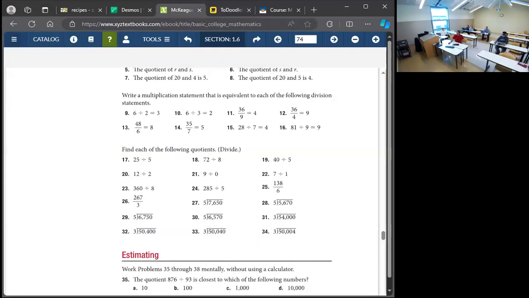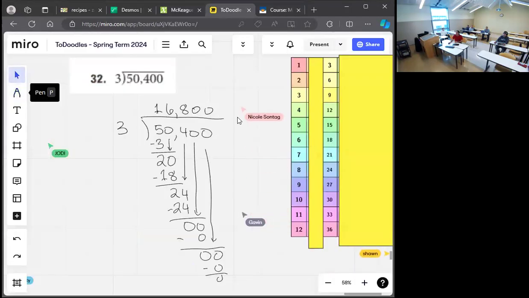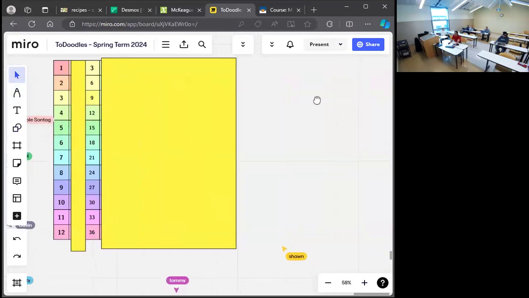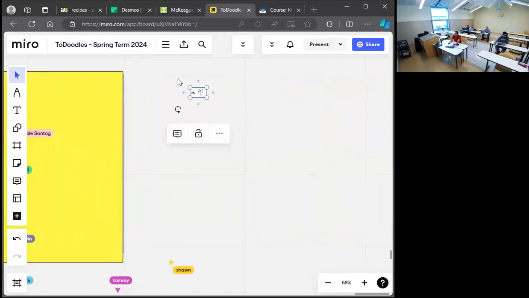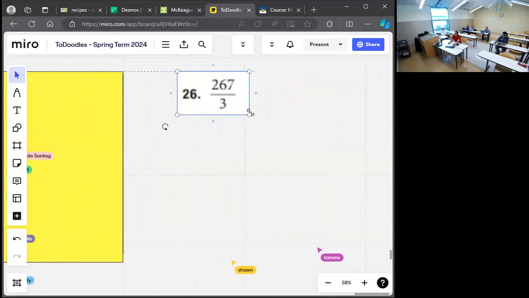Let's do 267. How many times does 3 go into 267? This one I will pick because they're making it look like a fraction. But fractions are just division problems waiting to happen.